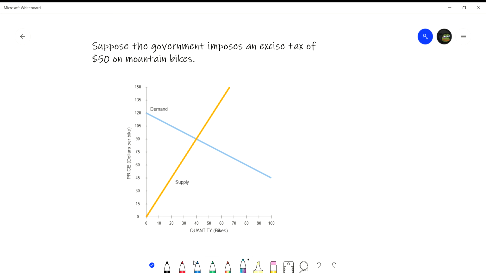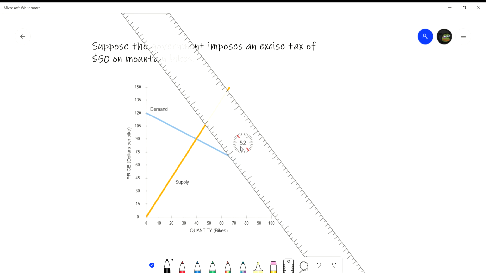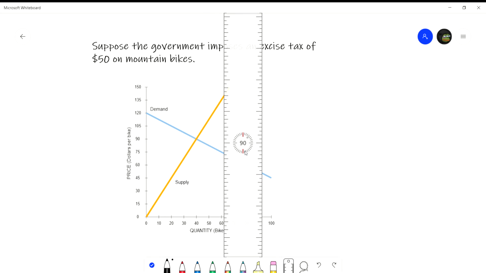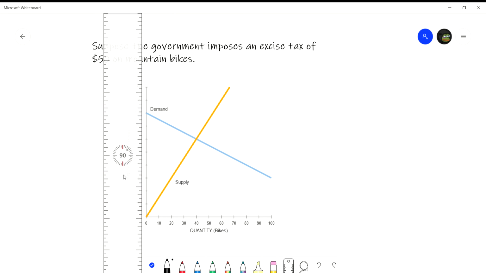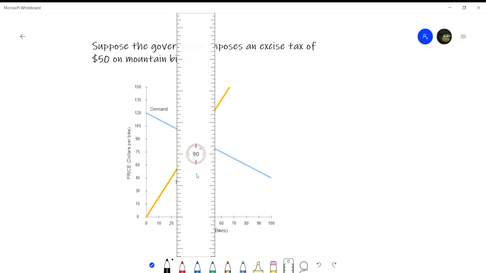So a good first step is going to be to draw a tax wedge, which is essentially a line between where the price is going to divide from the tax.